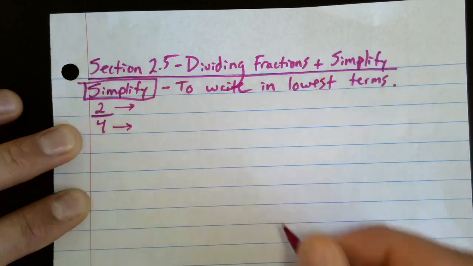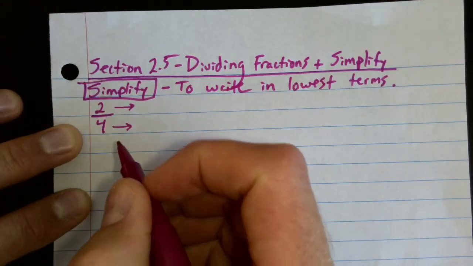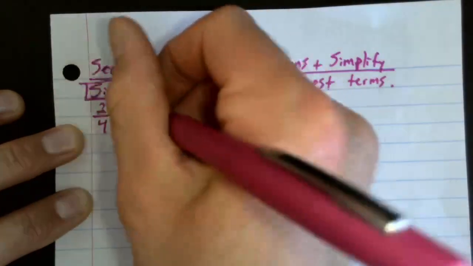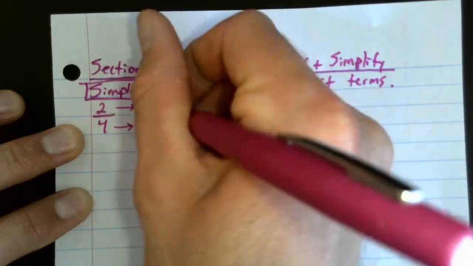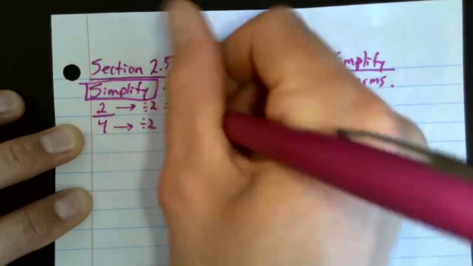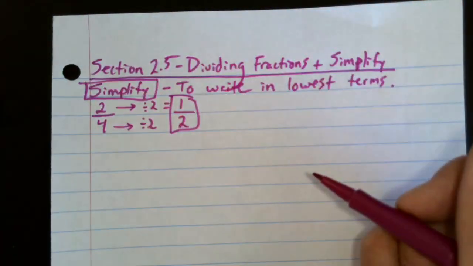What can we divide both 2 and 4 by to write in lowest terms? Well, we can divide by 2, and 2 divided by 2 is 1, and 4 divided by 2 is 2. So 2 over 4 equals 1 over 2.